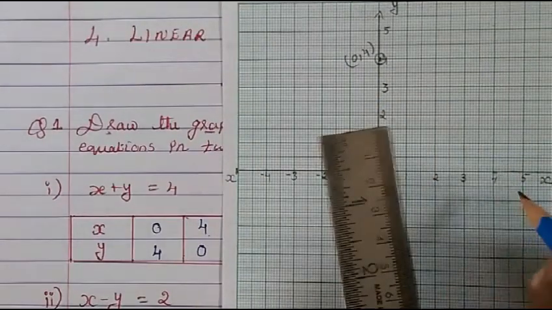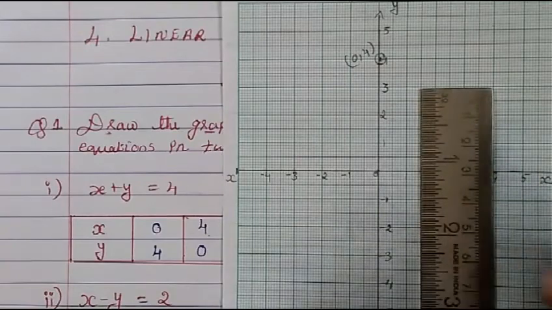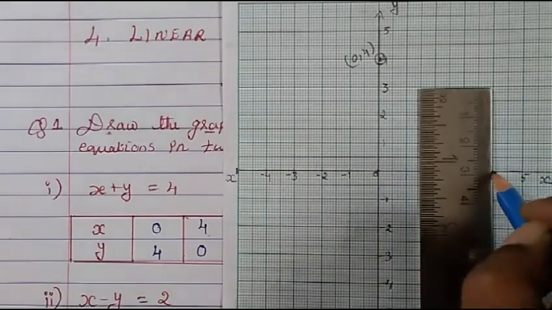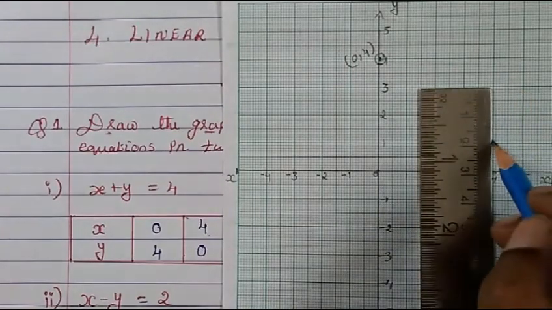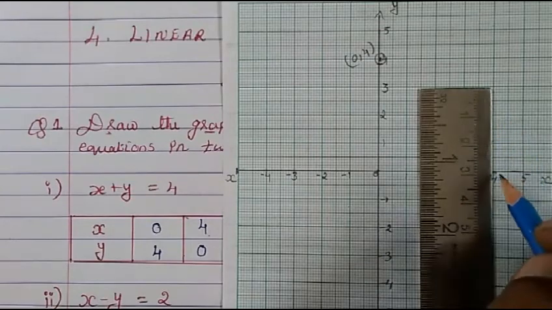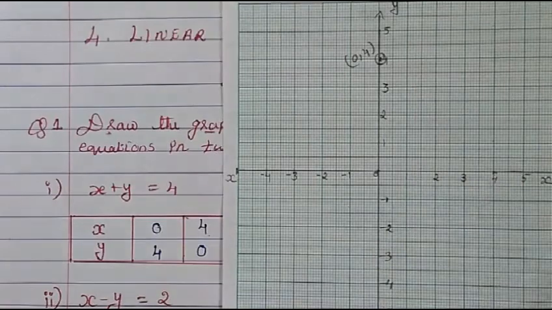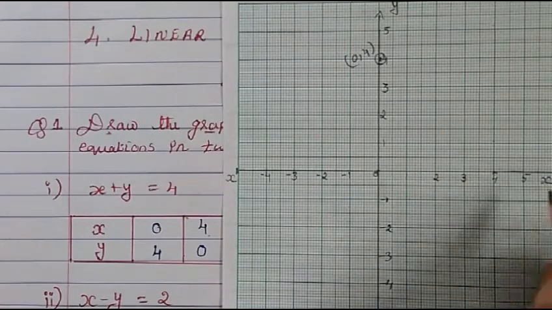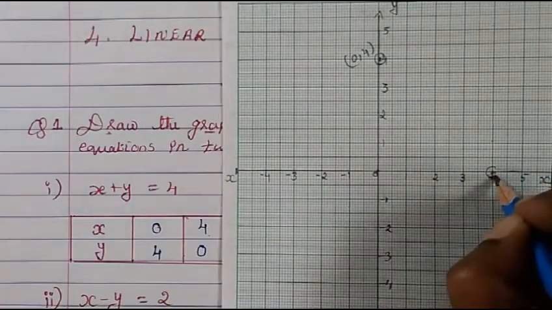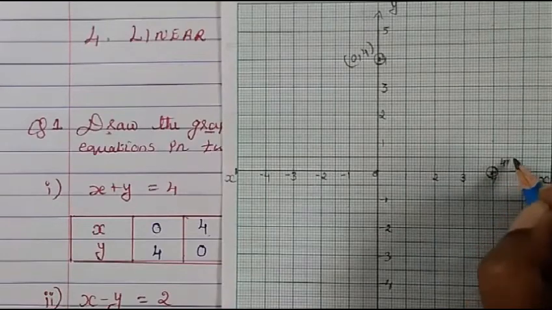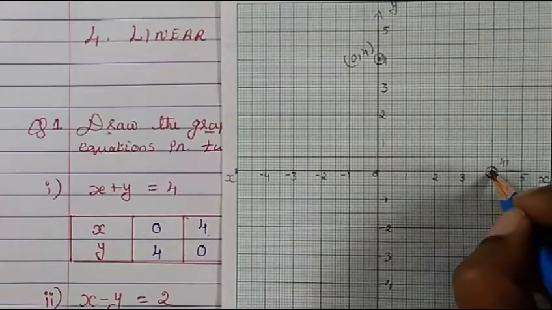That is 4. Then for y, 0 will be starting here only, because this will be 1 for y, 2 for y. So then y will be 0 here only. So then our point will be here itself. So this is x is 4 and on y it is 0.